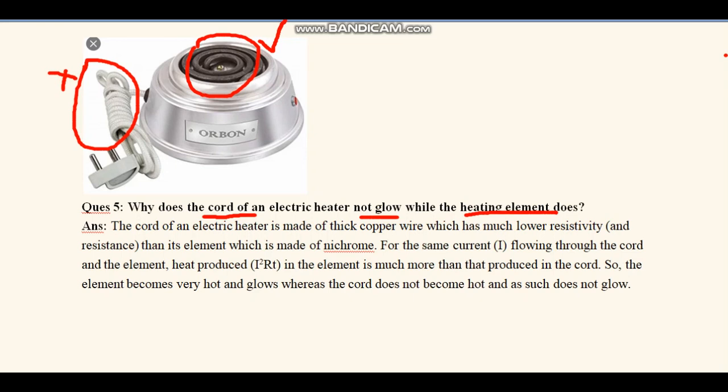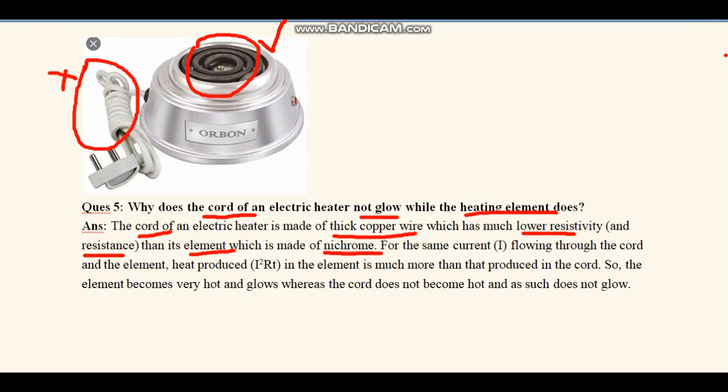The reason here is that the cord of the heater is made of thick copper wires, and as we know, copper has low resistivity, hence a thicker copper wire will have low resistance in comparison to the element which is made of nichrome. Nichrome has higher resistivity.